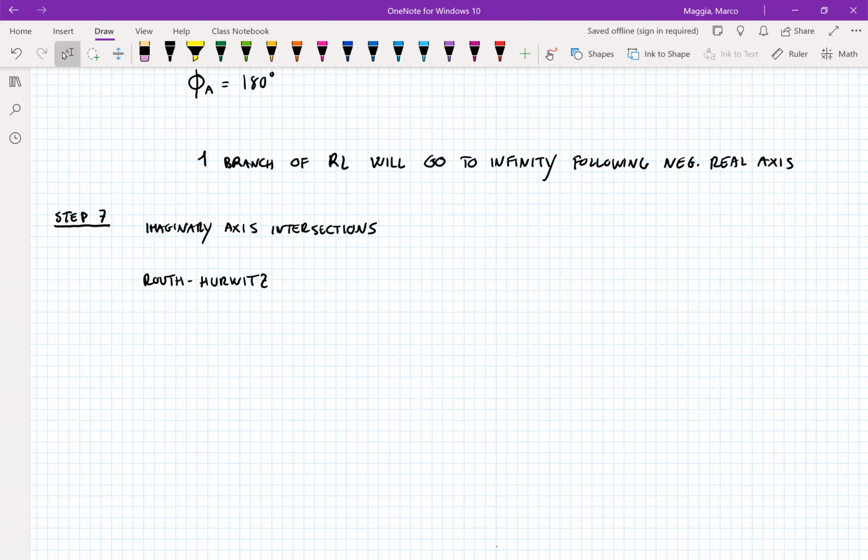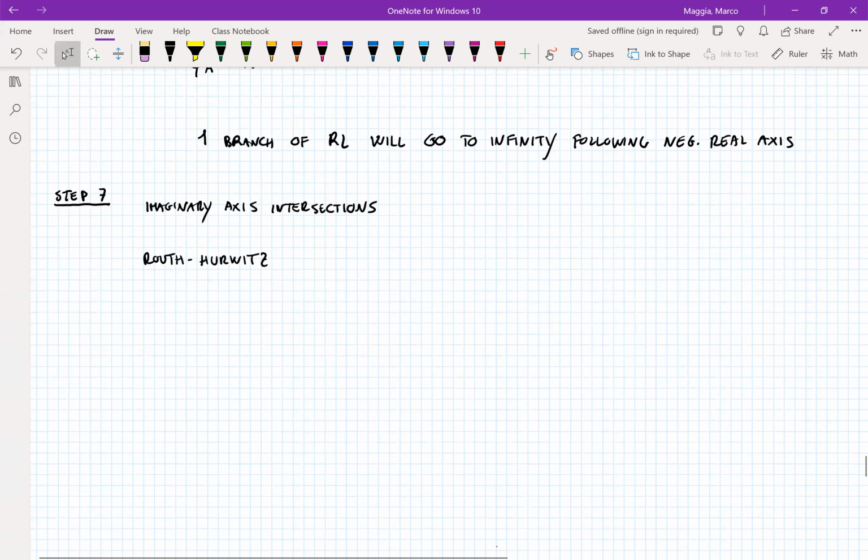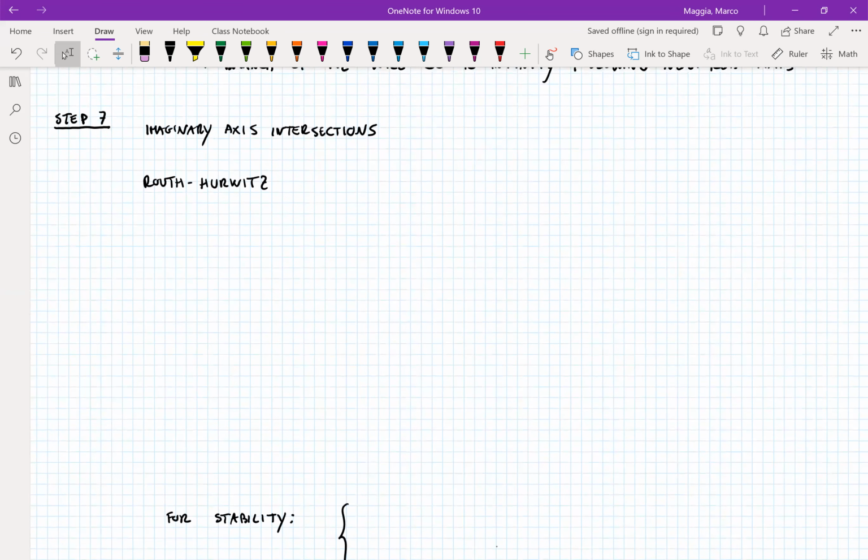Now, step 7, intersections with the imaginary axis. Finally, we can do some more computations, because so far it has been quite straightforward. So this step is going to involve some more calculations. So as I said earlier, in order to find the intersections with the imaginary axis, we have two options.